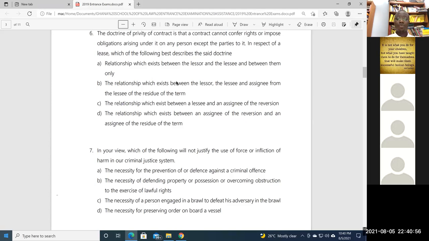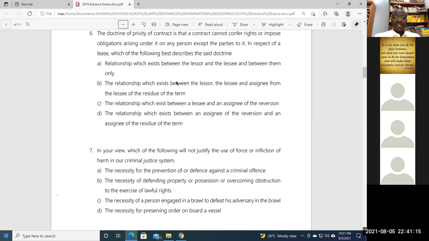I'm transferring that to, let's say, C. If I transfer that to C, we say that I have done an assignment of the reversionary interest. So that is the assignee of the reversion. That is how it comes about.